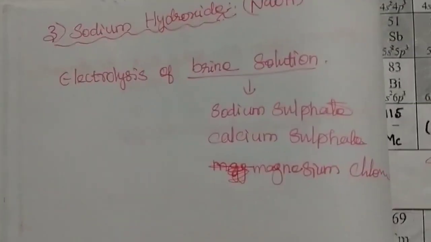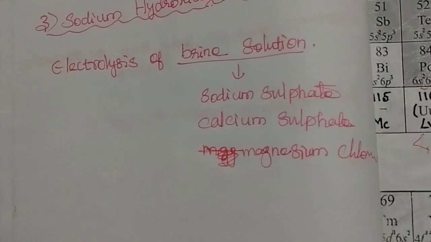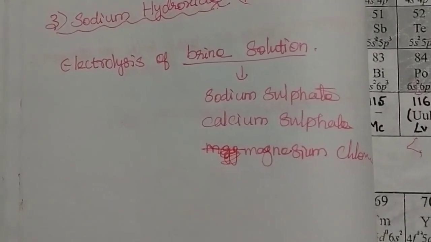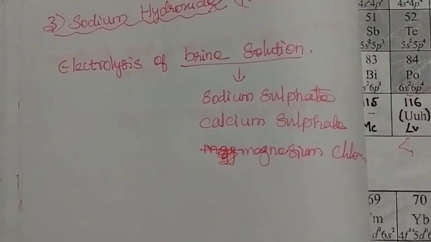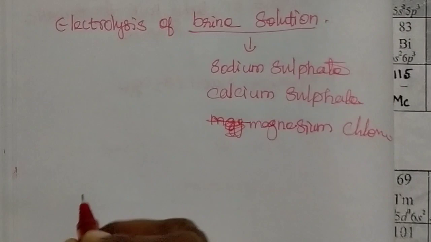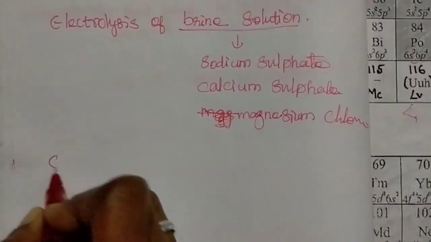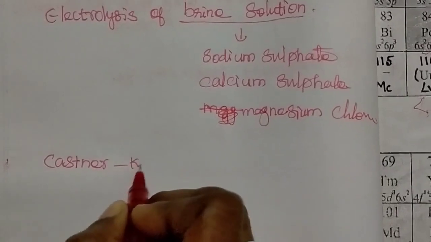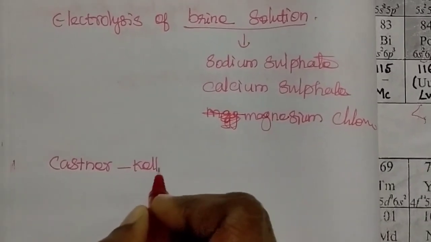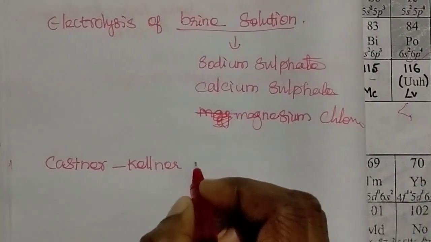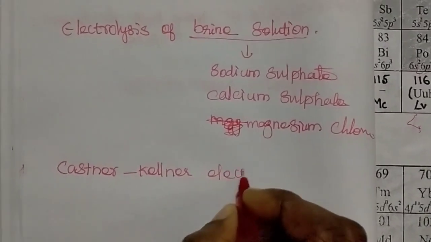The commercial name of this process, electrolysis of brine solution, is the Castner-Kellner cell. Castner-Kellner electrolysis process.